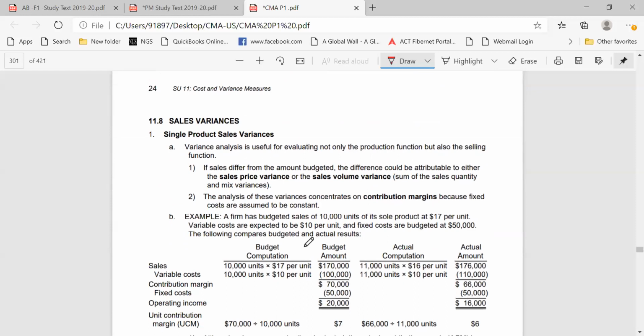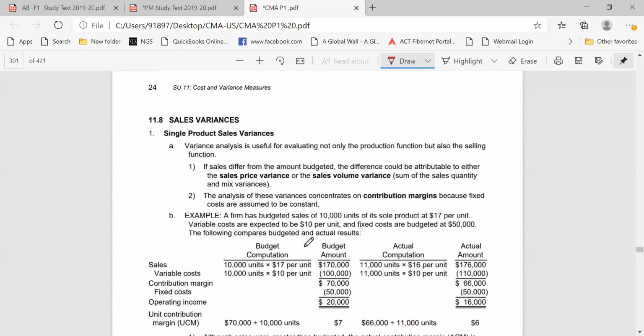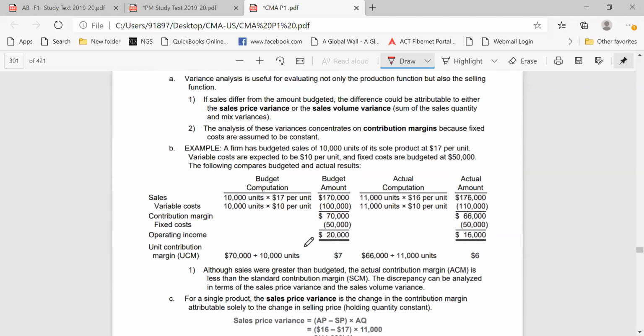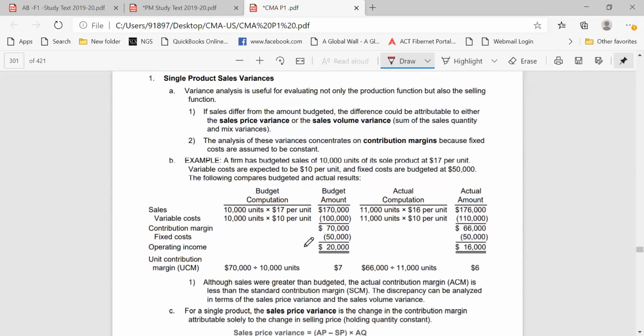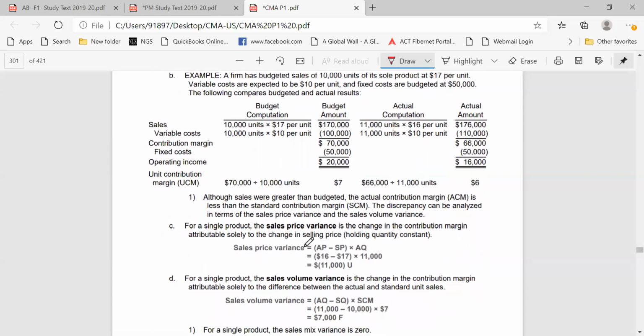Now the last thing in this chapter, which is sales variances. Here in the sales variances, understand this, there is sales price variance and sales volume variance. Now this concentrates on contribution margins more. For a single product, sales price variance is the change of the contribution margin.